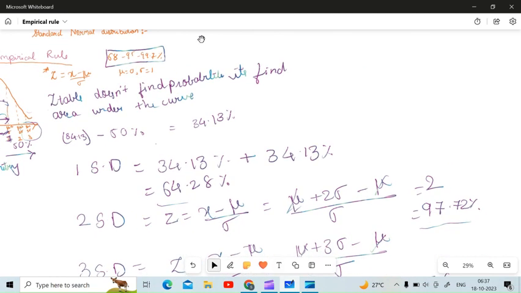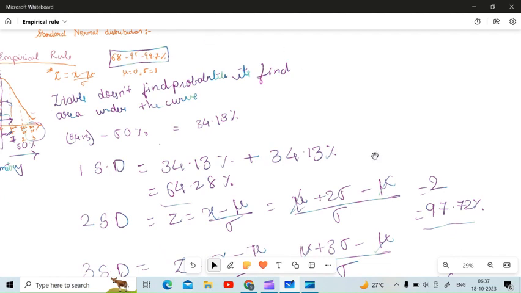The z score by the z table differs from table to table. Some tables approximate to 68 also, but some do not. So it differs. This is how the percentages of the empirical rule have been calculated.